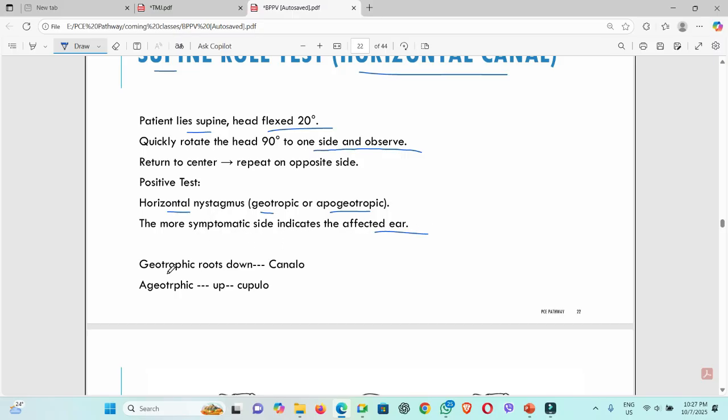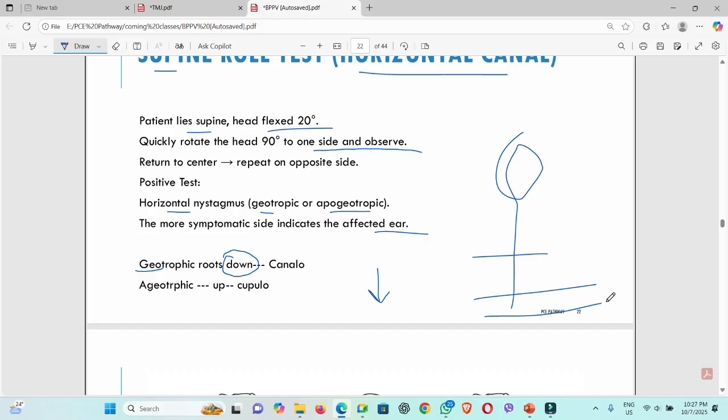So geotropic is downwards. Geo means soil, right? Soil, geology, whatever. So geotropic means down. Where are the roots of the tree? Down, right? So geotropic means down. Where are the canals?